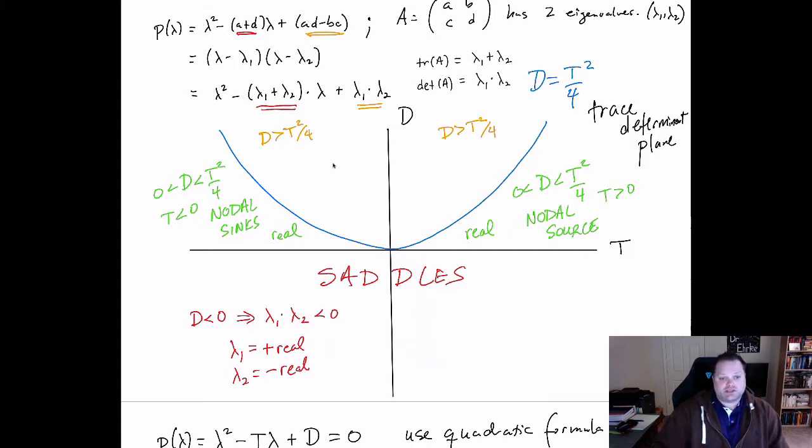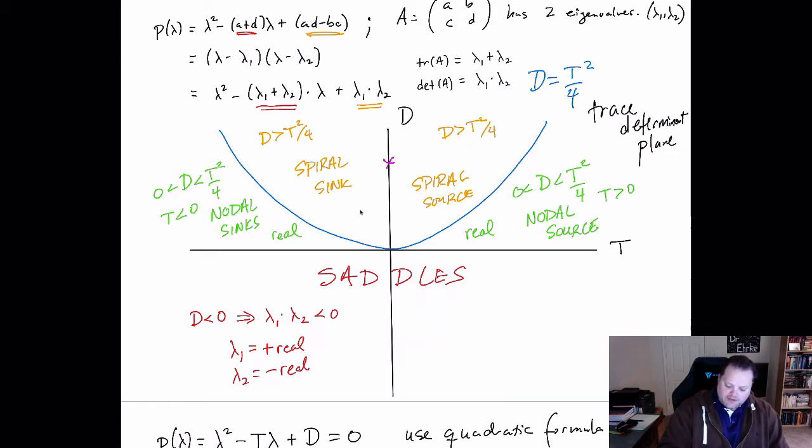Here, this sinks, so this will also sink because the sink part is based on the trace, and so if the trace is negative, the real part of the eigenvalue will be negative, and so you get a spiral sink in this region. And in this region, you get a spiral source. Now, there's still more behaviors to talk about.